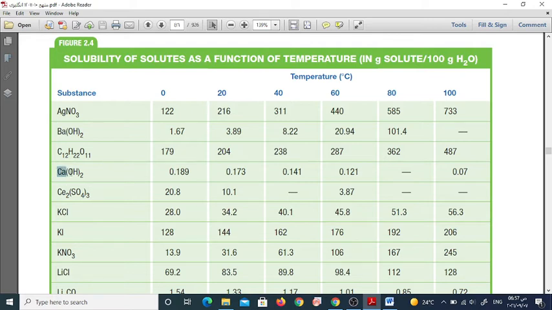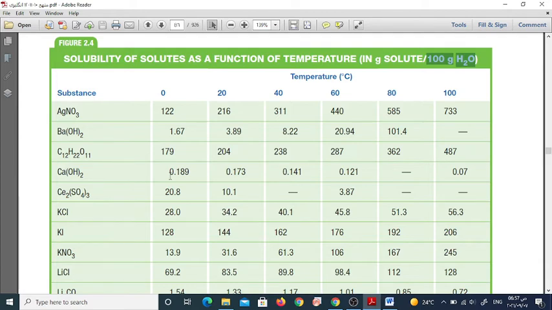For example, calcium hydroxide and cesium sulfate. As you can see from the table, at 0 Celsius, the solubility of calcium hydroxide is 0.189 gram in 100 ml of water. This tells us that we will get a saturated solution at 0 Celsius when we put 0.189 gram of calcium hydroxide in 100 grams of water.